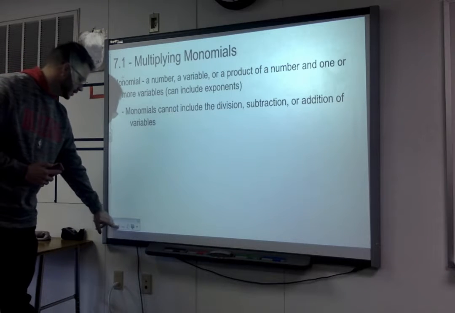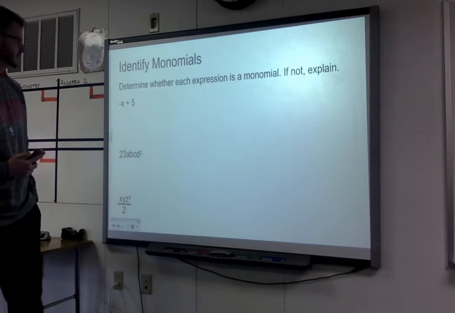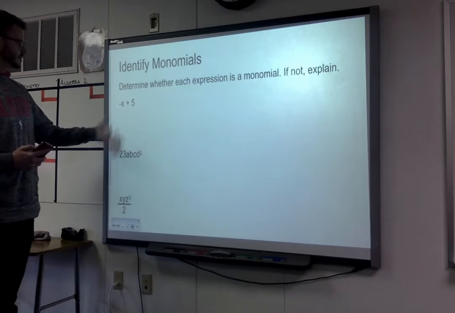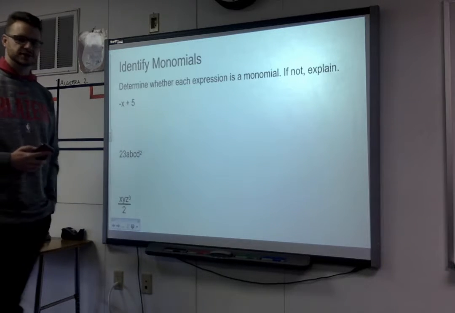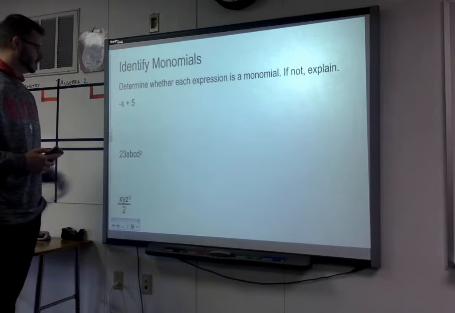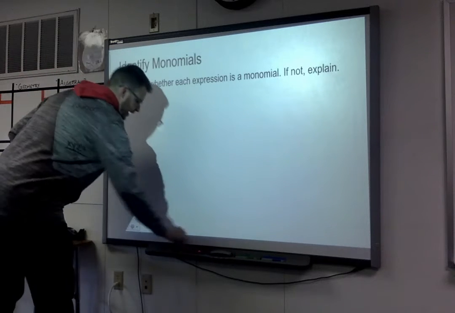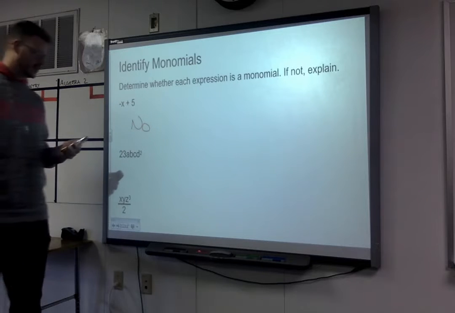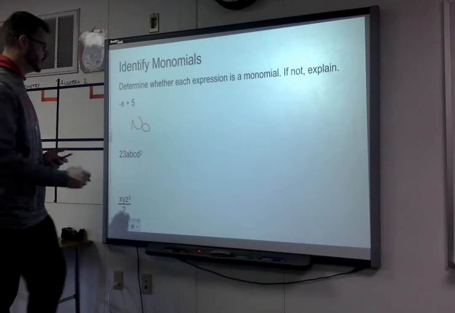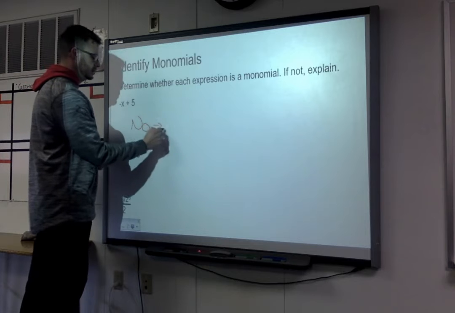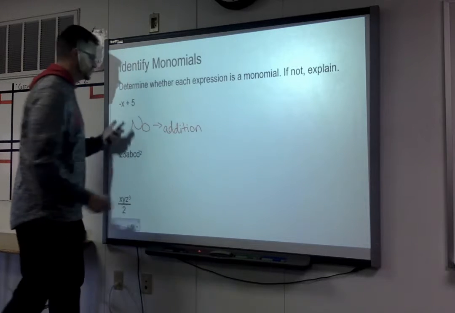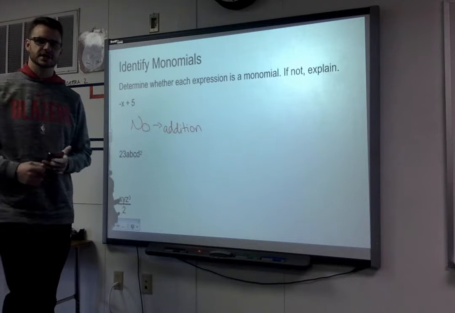No division, subtraction, or addition. So what we're going to do here is take a look at some examples and determine whether or not they are monomials. So this first one, negative x plus 5. If we were to take a look at that one, we would say no, this one is not a monomial because we know that it cannot include addition, and in this case, negative x plus 5 does include addition.